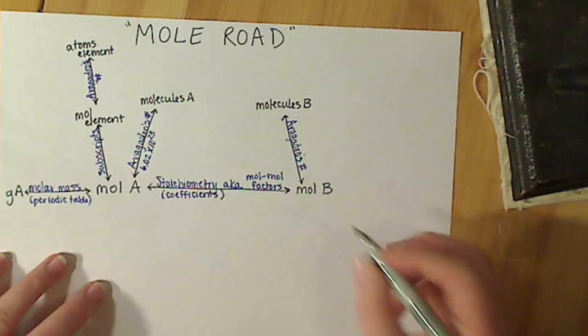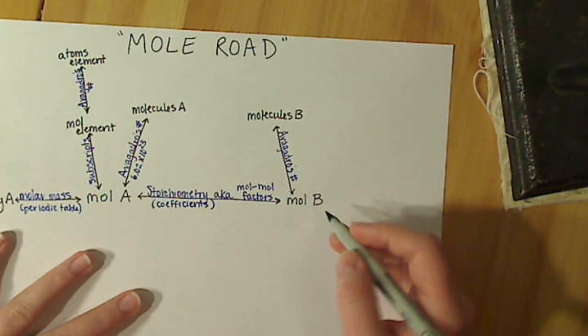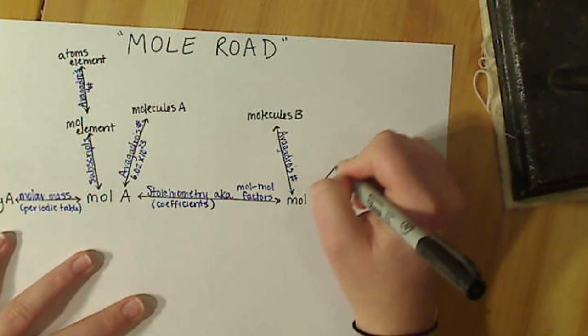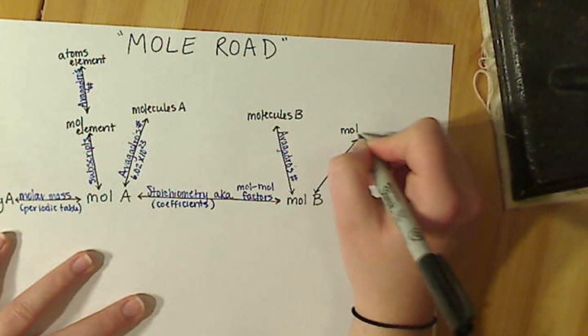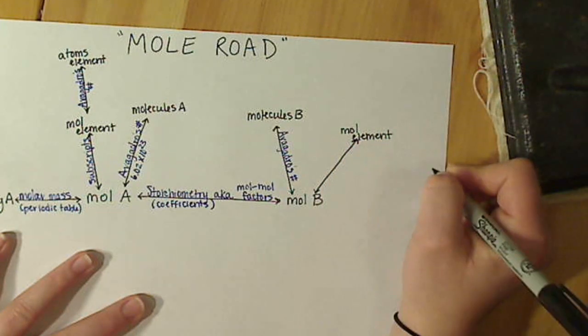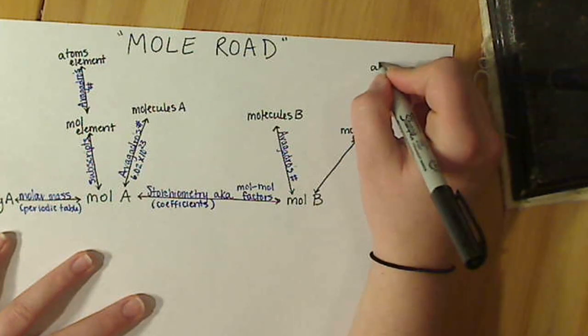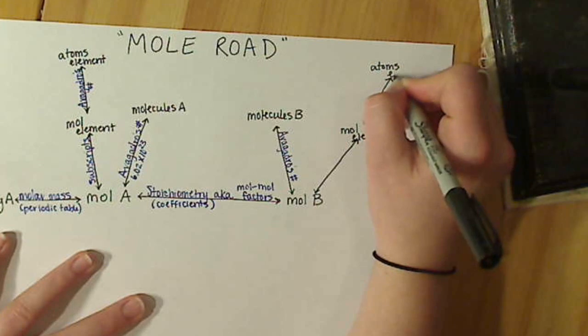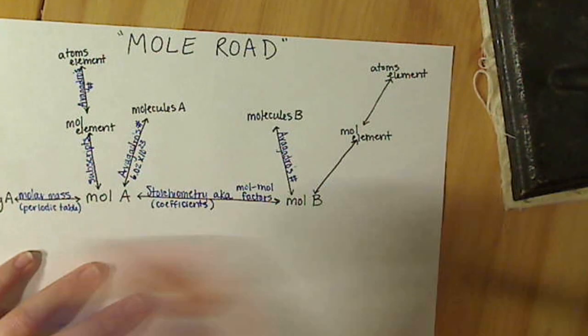If we wanted to figure out how many atoms of an element, okay, again, same pathway as we did here. We'd have to get to moles of our element using our subscripts, and then we could get to atoms of the element using Avogadro's number.